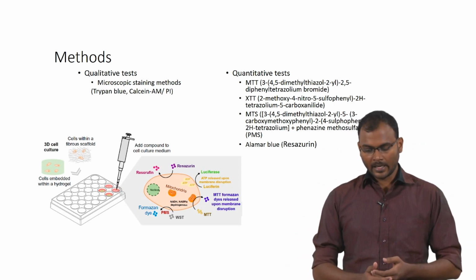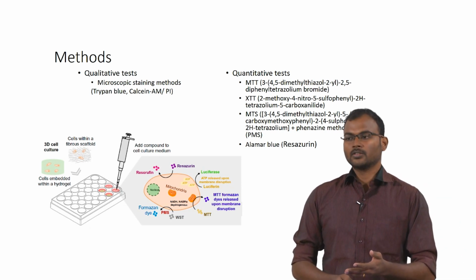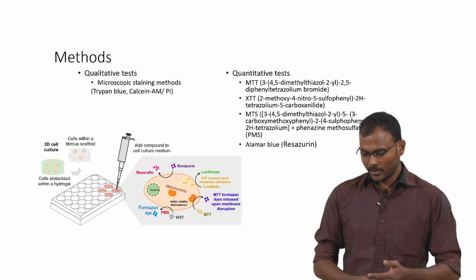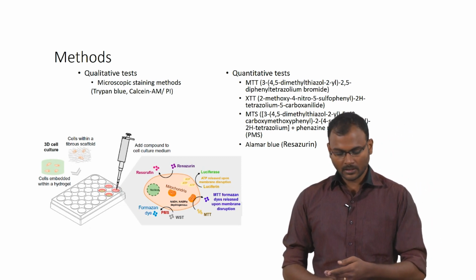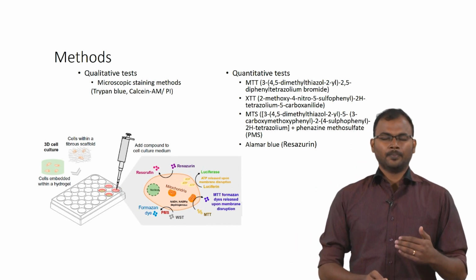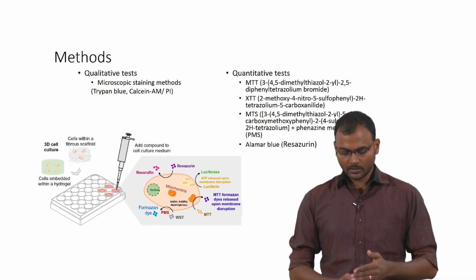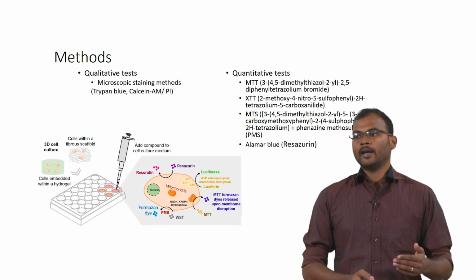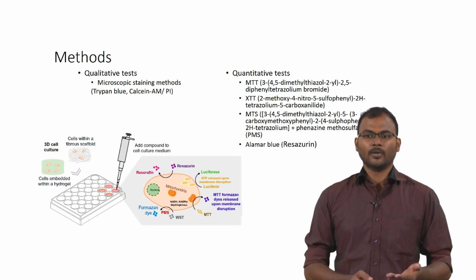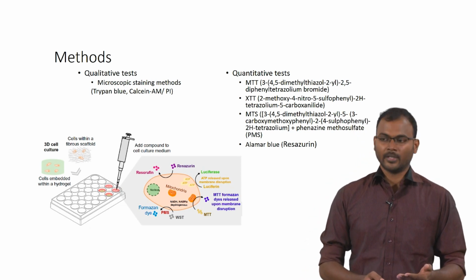Whereas XTT and MTS are water soluble tetrazolium salts, so the reaction happens outside the cells with the help of phenazine methosulfate, PMS. It involves plasma membrane electron transport, which converts these tetrazolium salts into formazan dye, and without rupturing the cells you can directly measure it in the culture media or the buffer and check the amount of formazan formed.